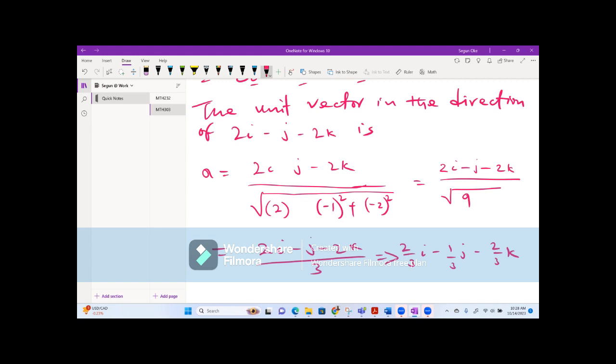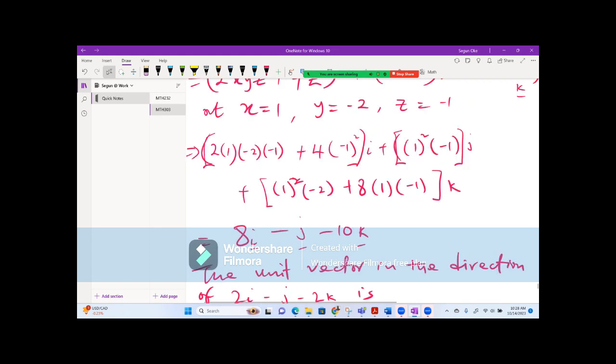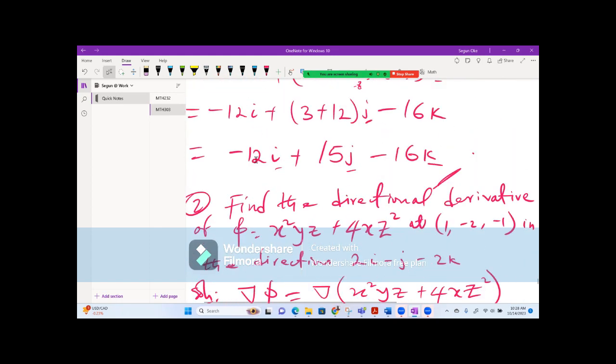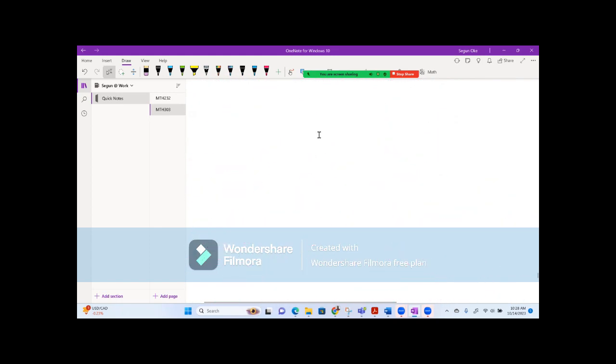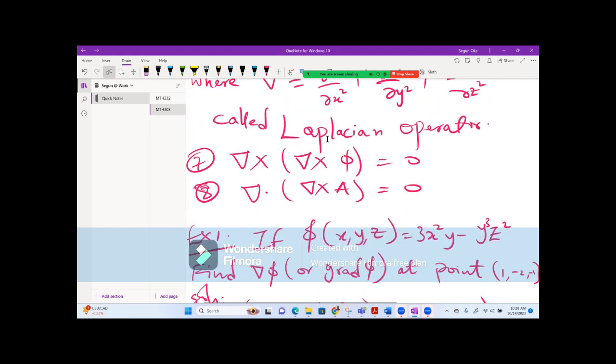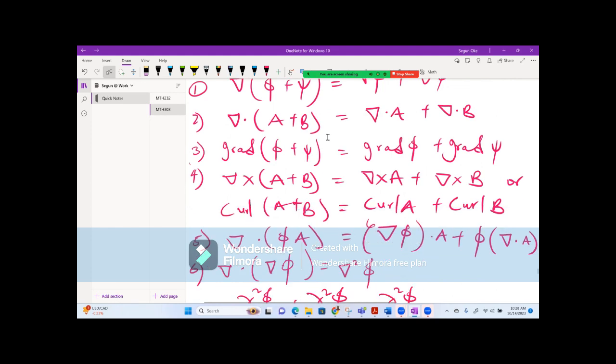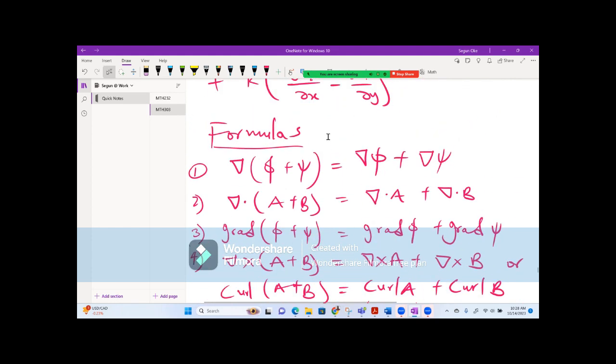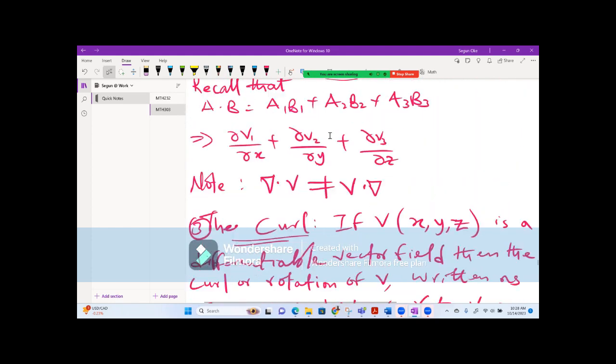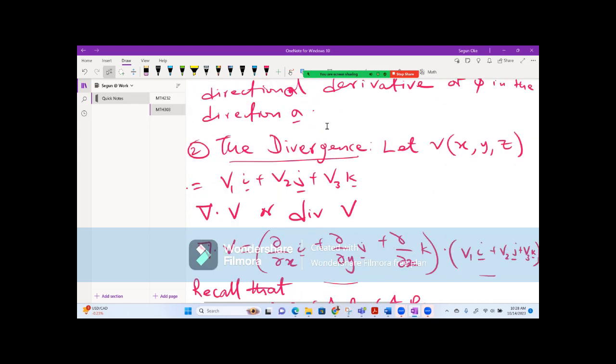But don't forget the definition of unit vector I gave you in your formula sheet. Let me quickly go back to it.